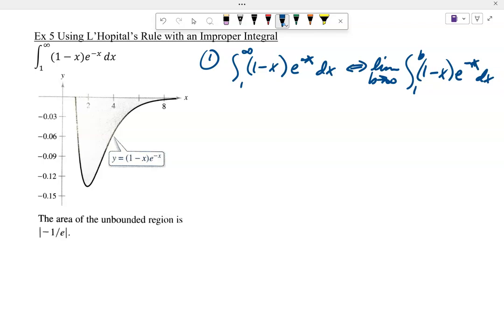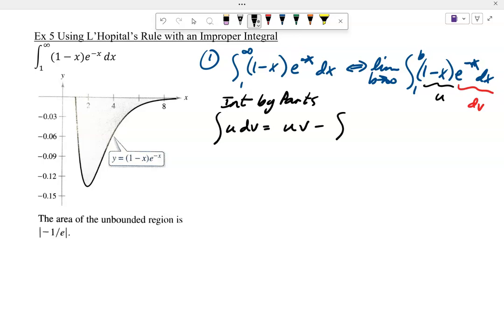Well, this goes back to our integration by parts. So here's our dv part. Here's our u. If you remember, integration by parts is the integral of u dv equals uv minus the integral of v du, right?